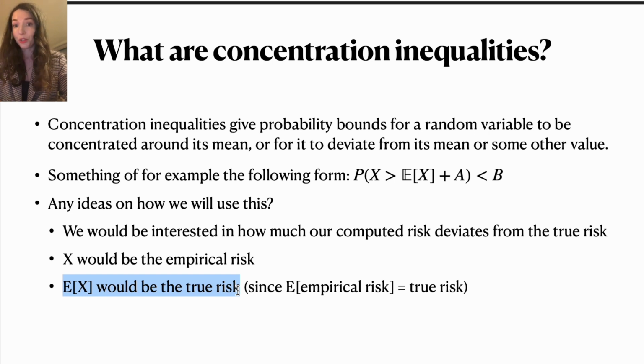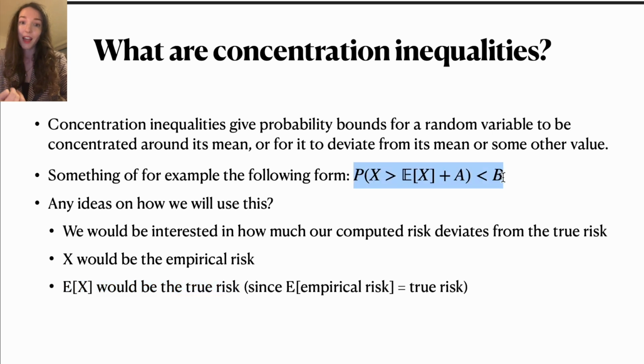So if we manage to find a concentration inequality of this form, we can then bound the deviation of x, being the empirical risk, around the expected value of x, which amounts to the true risk.